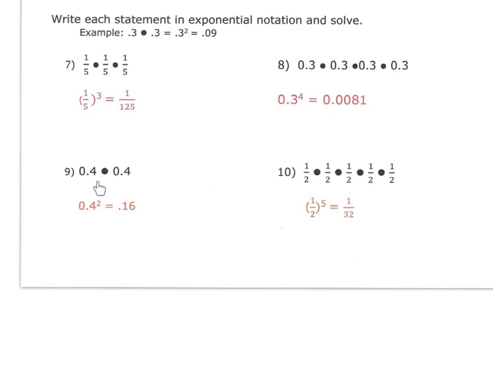Number 9, 4/10 times 4/10 is equal to 4/10 squared, which equals 16/100. Number 10, 1/2 times 1/2 times 1/2 times 1/2 times 1/2 is equal to 1/2 to the 5th power, which equals 1 over 32.